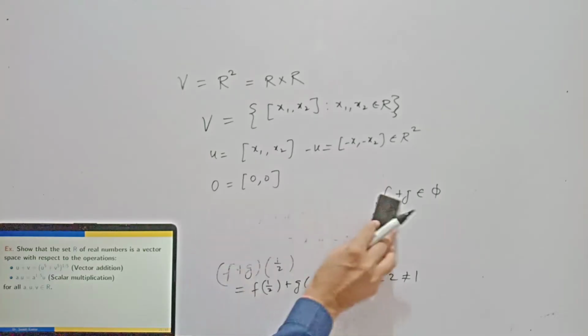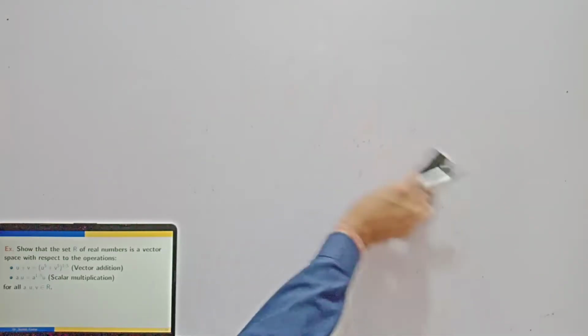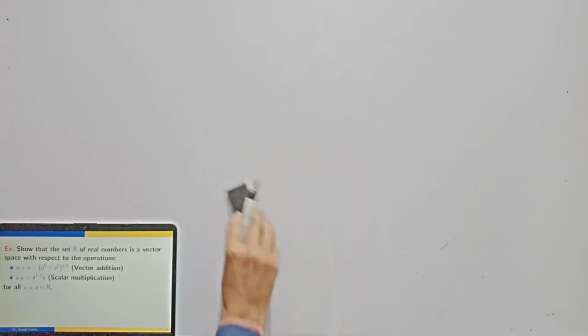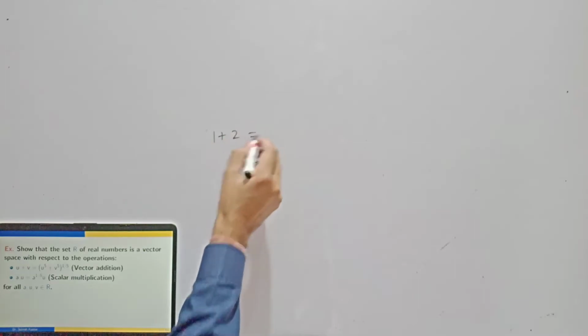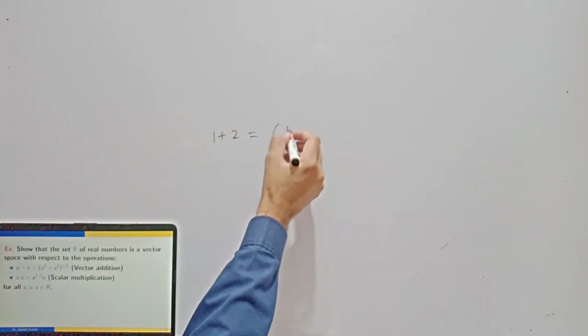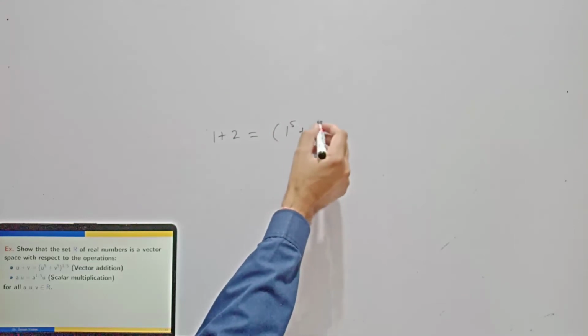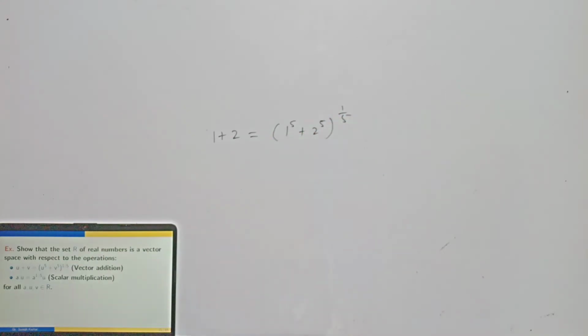What does it mean? Suppose I want to solve the vector addition of 1 and 2. What is the output from this definition? 1 power 5 plus 2 power 5, whole power 1 over 5. I have to solve this further.